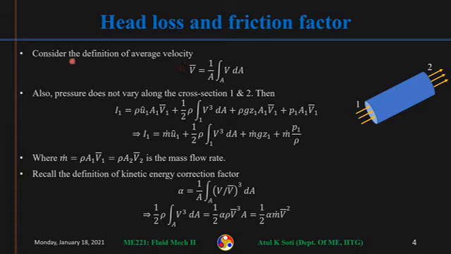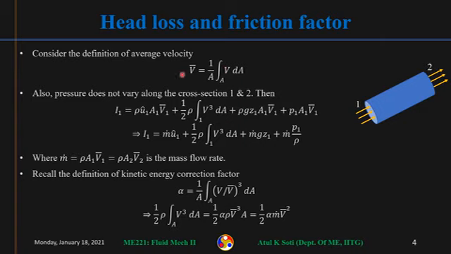Now we consider the definition of average velocity. Average velocity is defined as the mean velocity at any cross section. So that is the integral of VdA divided by total area. For section 1 it will be the integral of VdA at section 1 divided by the total area of section 1.